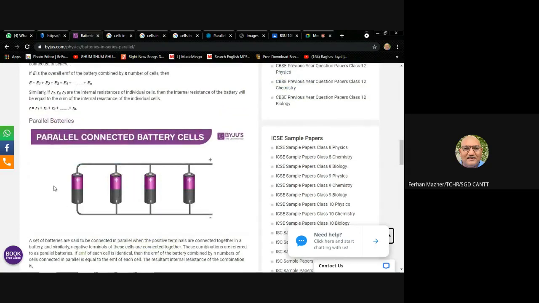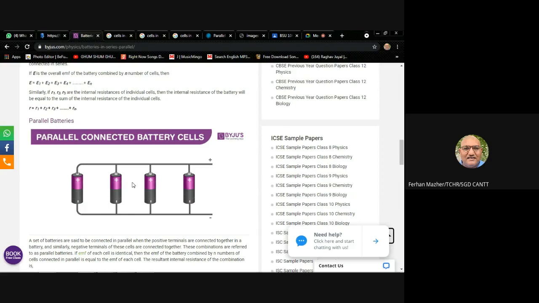When the cells are connected in parallel, the EMF of the whole combination is equal to the EMF of a single cell. But what is the basic advantage of connecting them this way? When you connect the cells in parallel to each other, if one of them dies, if one of them runs out and is exhausted, the rest of the cells will keep providing the electric energy.